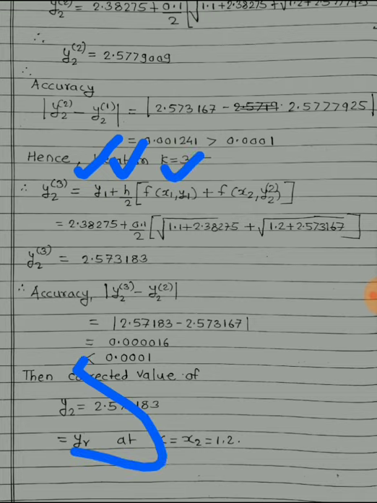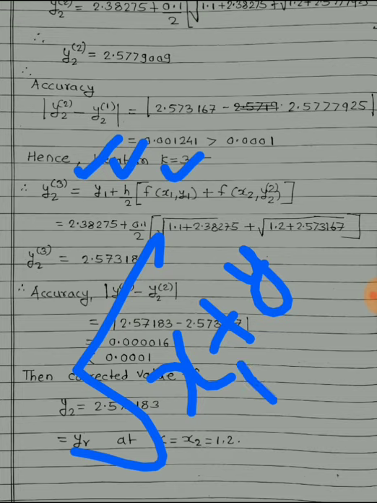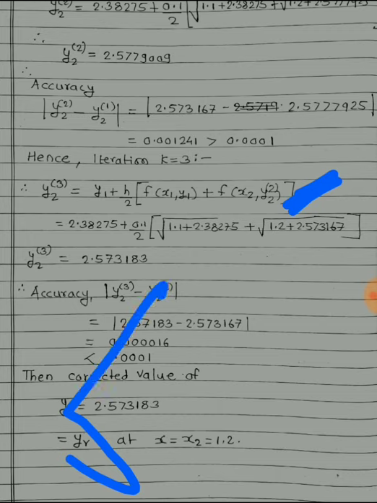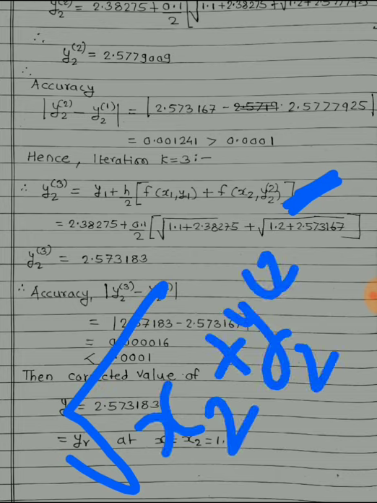For this problem it is square root of x plus y, so for x1 y1 it becomes square root of x1 plus y1. Again the second value, f of x2 comma y2 square, is going to become square root of x2 plus y2 square.